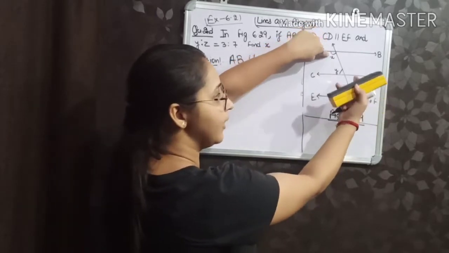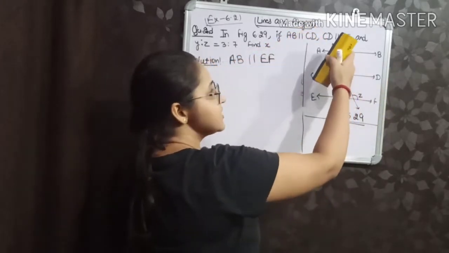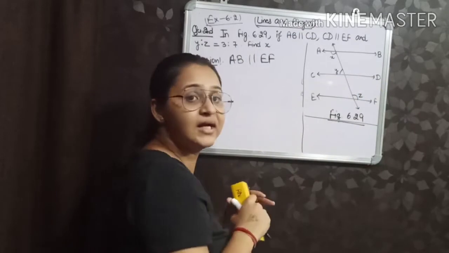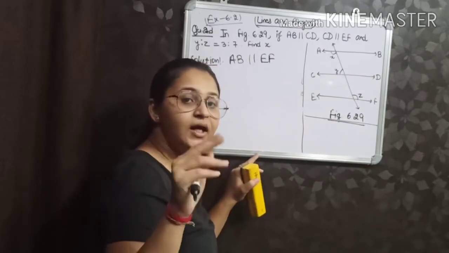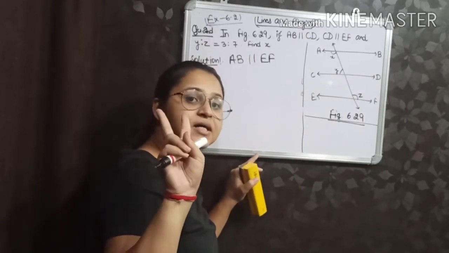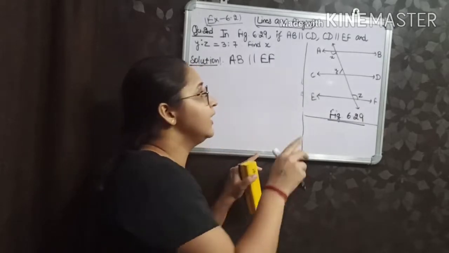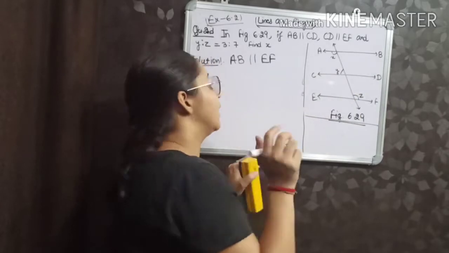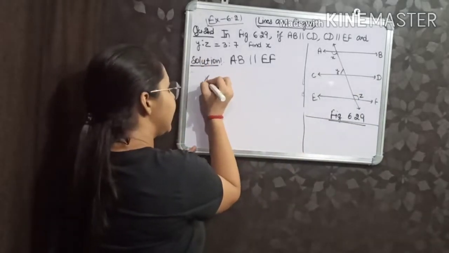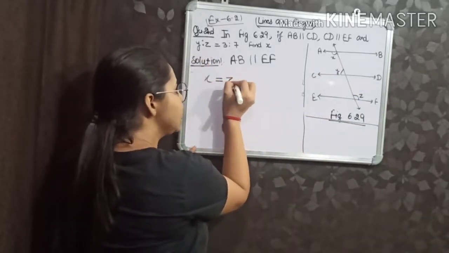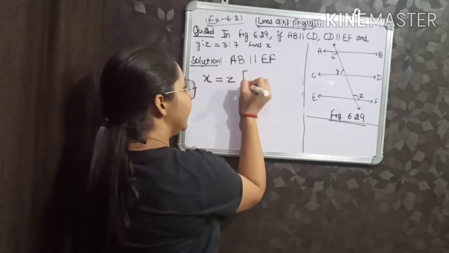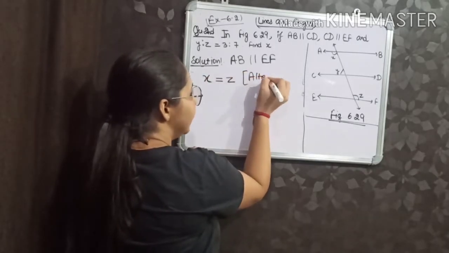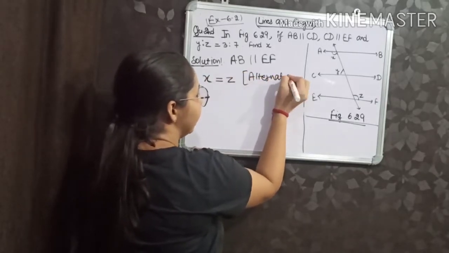So we can say that angle X and angle Z are alternate interior angles, and you know that if two lines are parallel to each other, then the pair of alternate interior angles will be equal. So I can say that angle X is equal to angle Z by alternate interior angles.